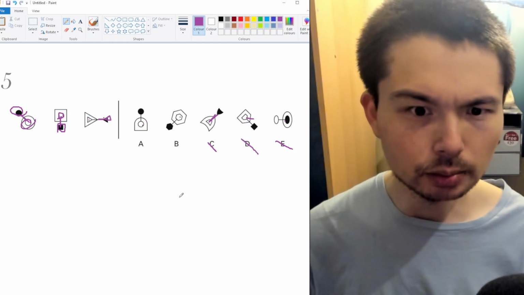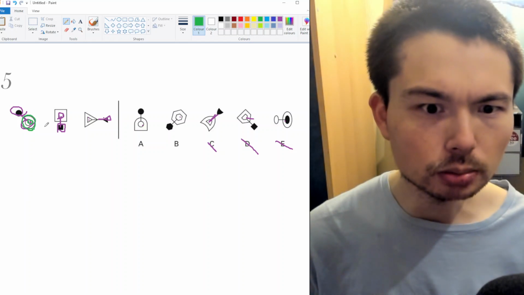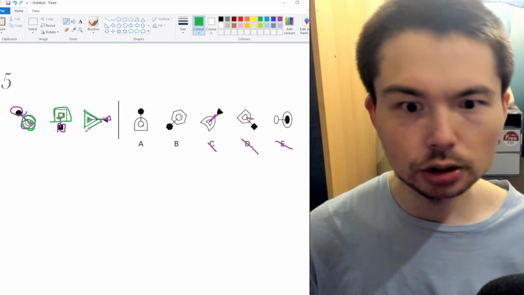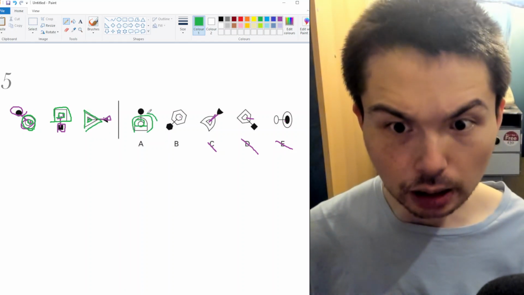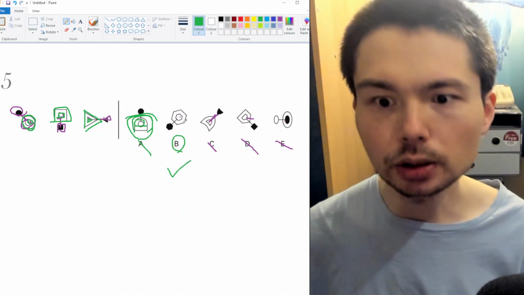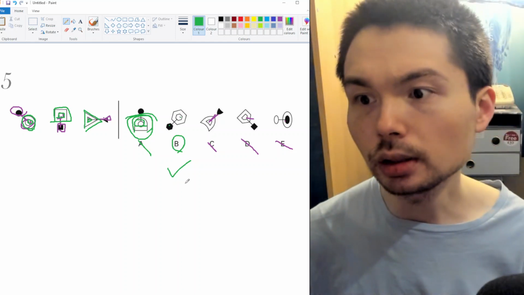So it's either A or B. And now, how about the big shape? Circle. Here, big circle. Little square, big square. Little triangle, big triangle. So there we go. That circle and some oval. If that was a circle as well, that would work. So here, B is the answer. Because it's hexagon, a little hexagon, and the outside is a big hexagon as well.